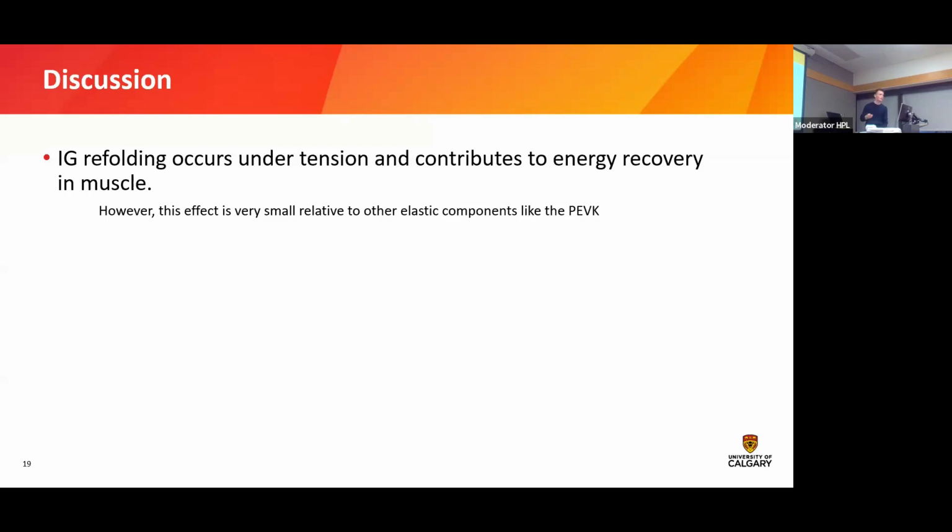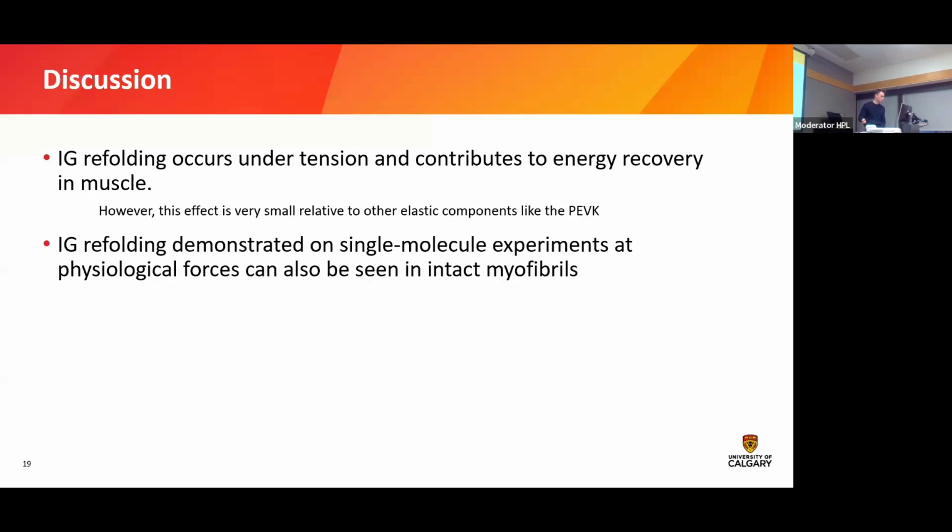It's never been shown in a myofibril, especially because a lot of those individual experiments use a construct of one immunoglobulin domain times 10. So we don't know if that behavior is really applicable in a myofibril. This shows it is applicable in a myofibril. However, the effect of refolding is very small in comparison to other more elastic components like the PEVK region.